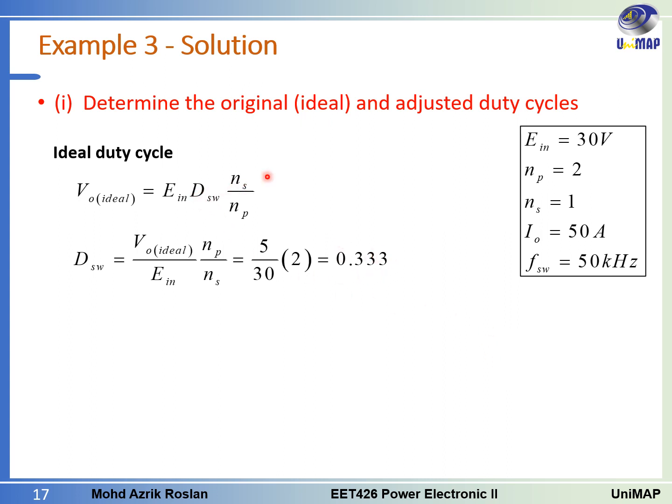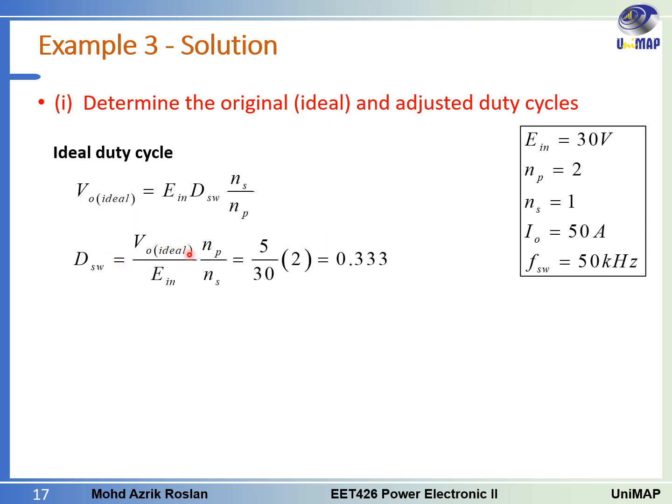This is without taking any consideration of the efficiency. Based on this, we already know the E in, we already know the NS and NP, and the ideal output that we want to achieve is 5 volts. So we have to find the D switch. This is the ideal duty cycle.